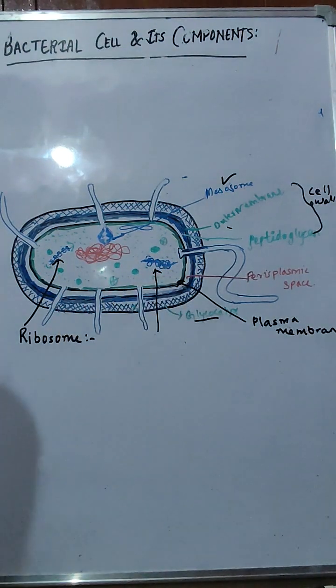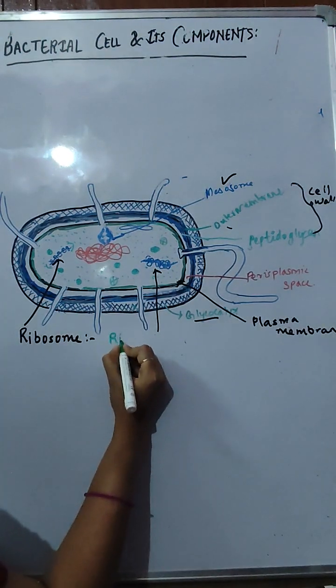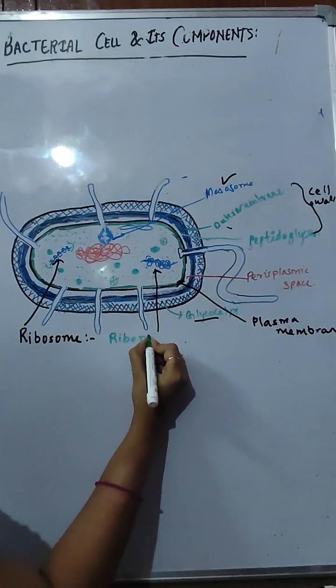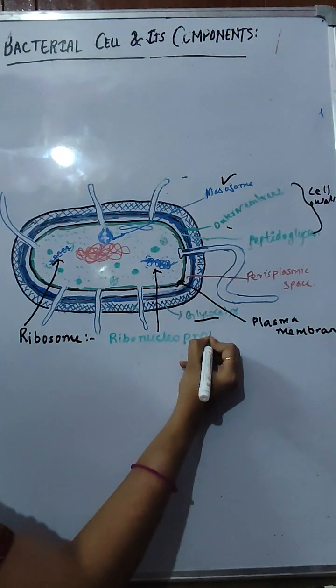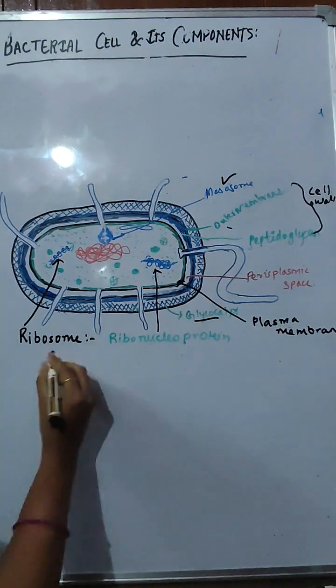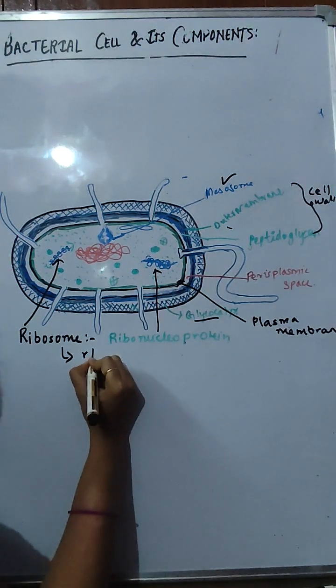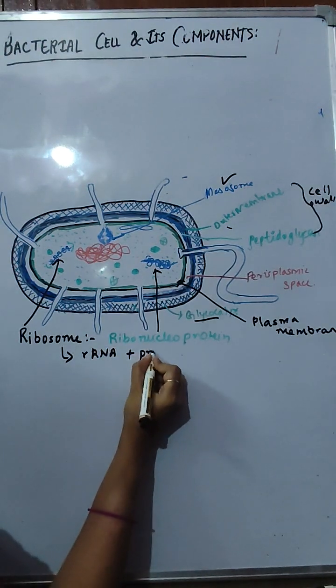So ribosome is a ribonucleoprotein. What does ribonucleoprotein mean? It is made up of rRNA plus protein.